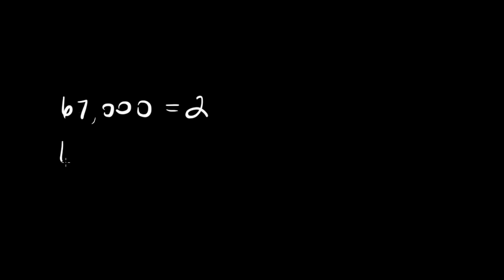But what if you see 67,000 followed by a decimal point? What do you do then? Well, that's a good question. What you do is you count them anyways. You count all of them: 1, 2, 3, 4, 5. So it's 5, because the decimal point is there. A decimal point makes a big difference. If it's there, you count the zeros. If it's not there, you don't count these zeros.